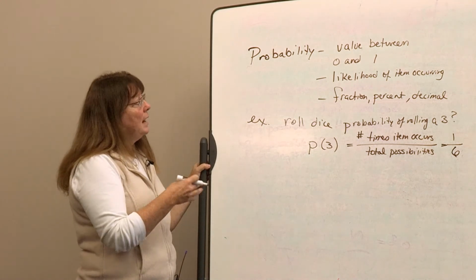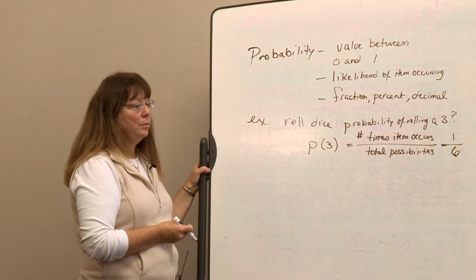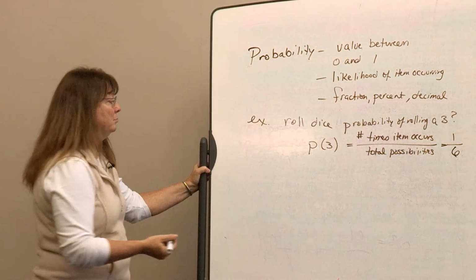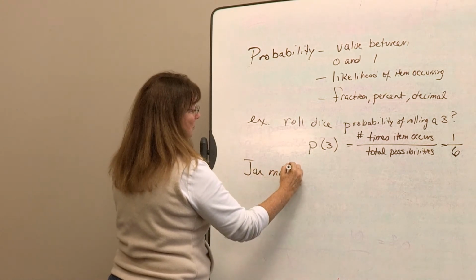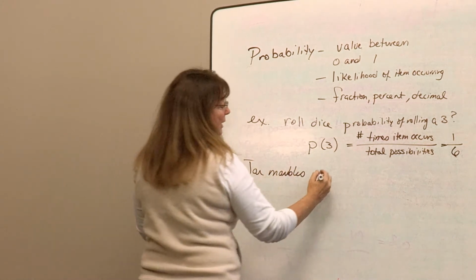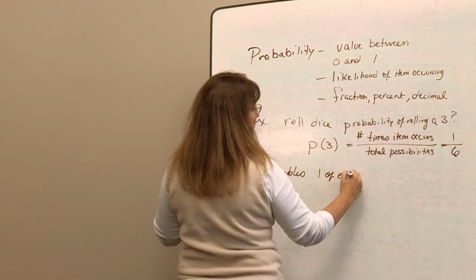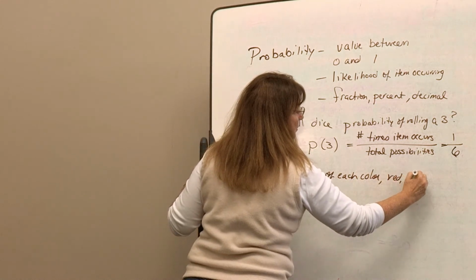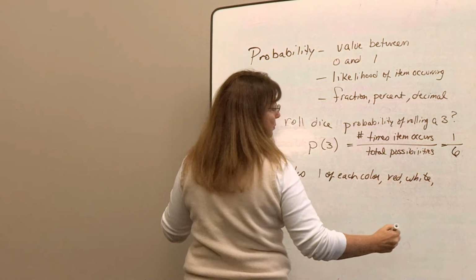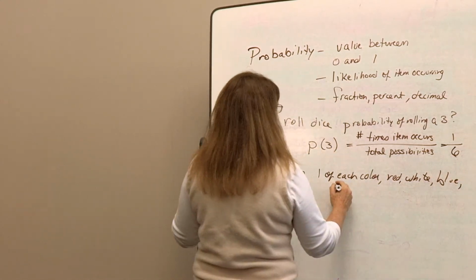There are different things that happen if you replace items or you don't. So I want to give you an example where we're going to have a jar full of marbles. And it has one of each color. We got red, white, blue, green, and yellow.